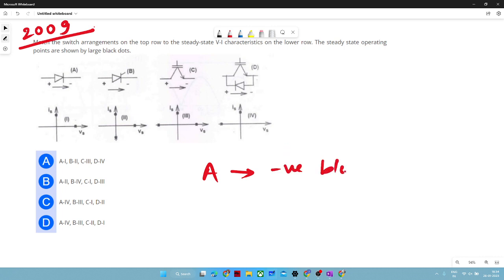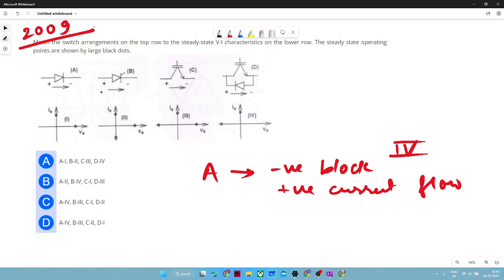Negative blocking and positive flow of current, right? Positive current. So this is satisfying option 4, right? So A will have option 4. Let me write it here. It is having option 4.